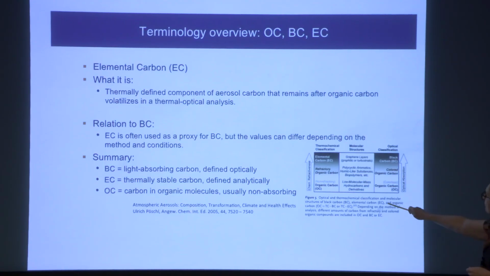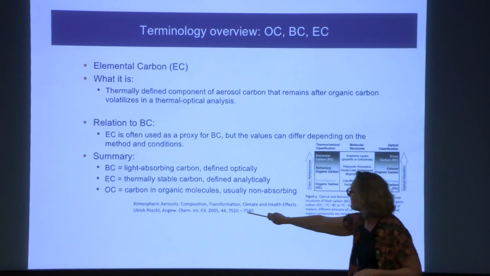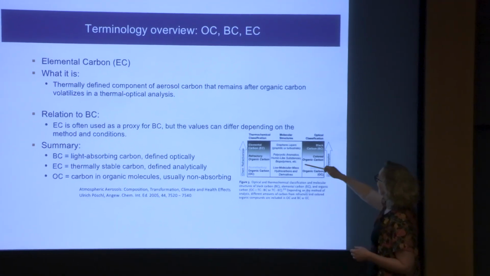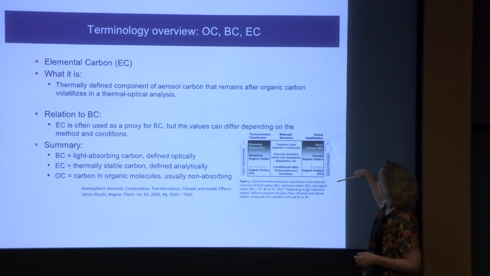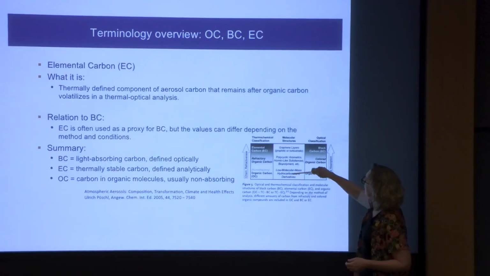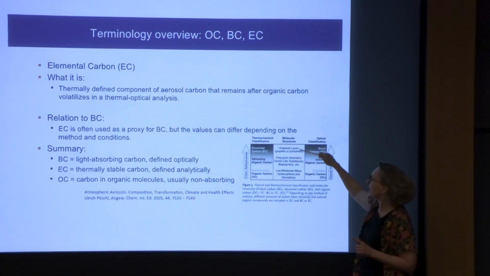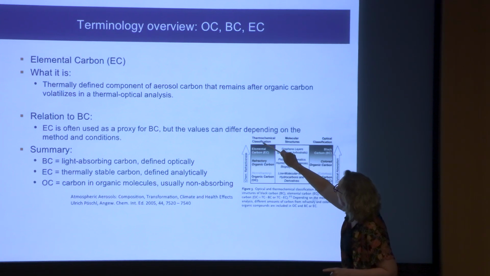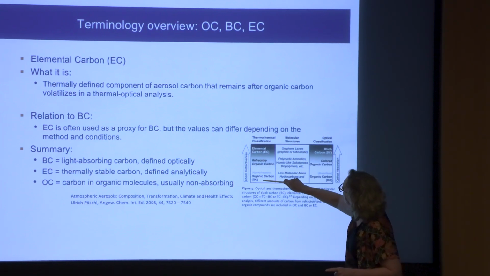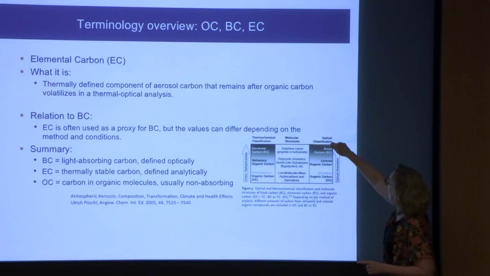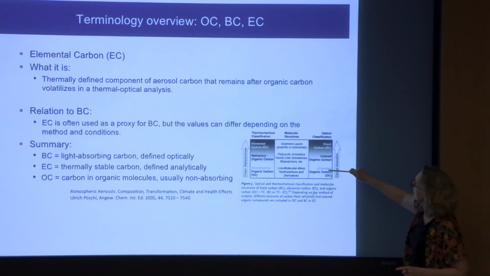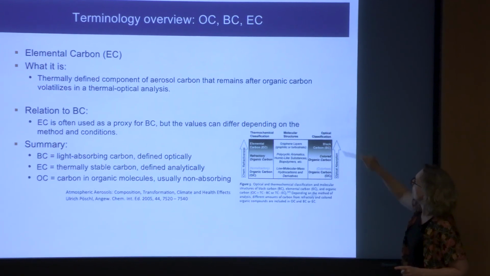I really like this figure from one of these papers. It's now about 20 years old, and it puts this into context, starting out with the molecular structure, which you know a lot about. On the one hand, you may have the thermochemical classification going from non-refractory organic carbon to elemental carbon, and then the optical classification going from organic carbon that doesn't absorb to black carbon that strongly absorbs.